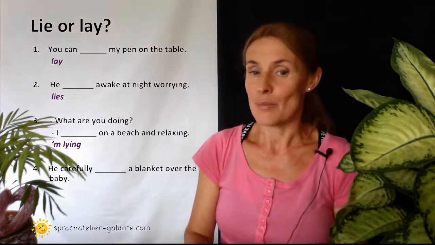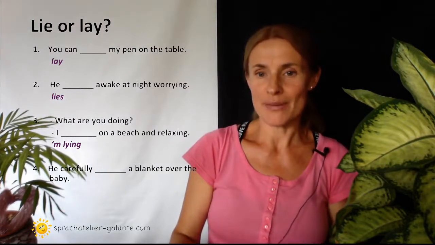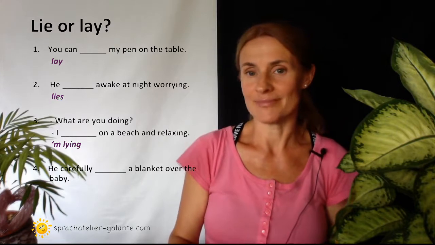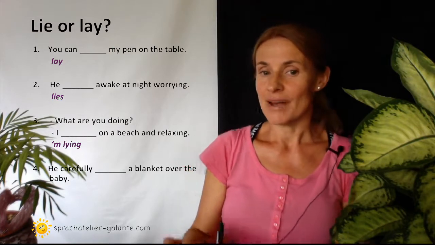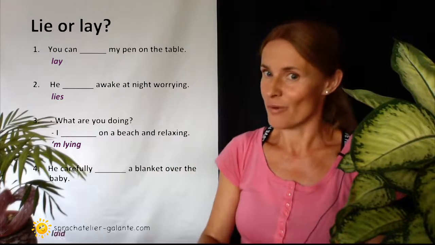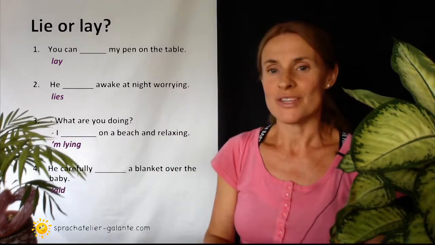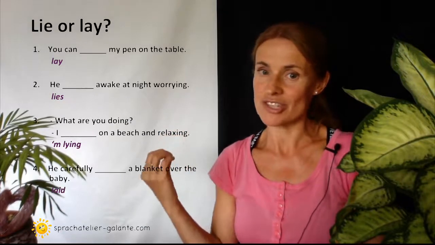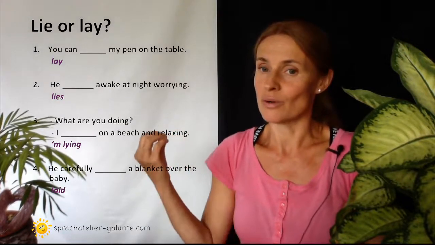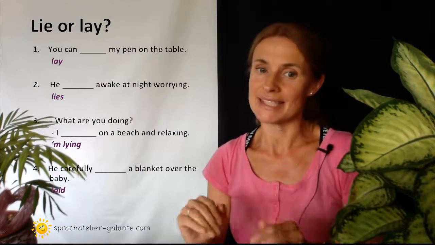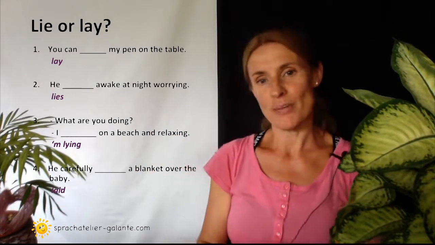He carefully, a blanket over the baby. Lie or lay? Well, you see that the blanket is the object and therefore we have to use the verb laid. If it's in the past, if it's something he did maybe a few minutes ago or last night, he carefully laid, placed a blanket over the baby.